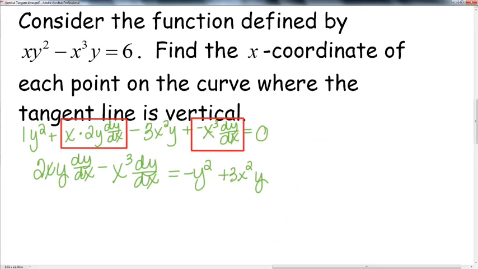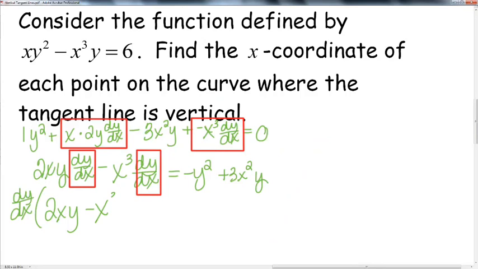And I'm going to factor out my dy dx. So I have dy dx times 2xy minus x to the third is equal to negative y squared plus 3x squared y.